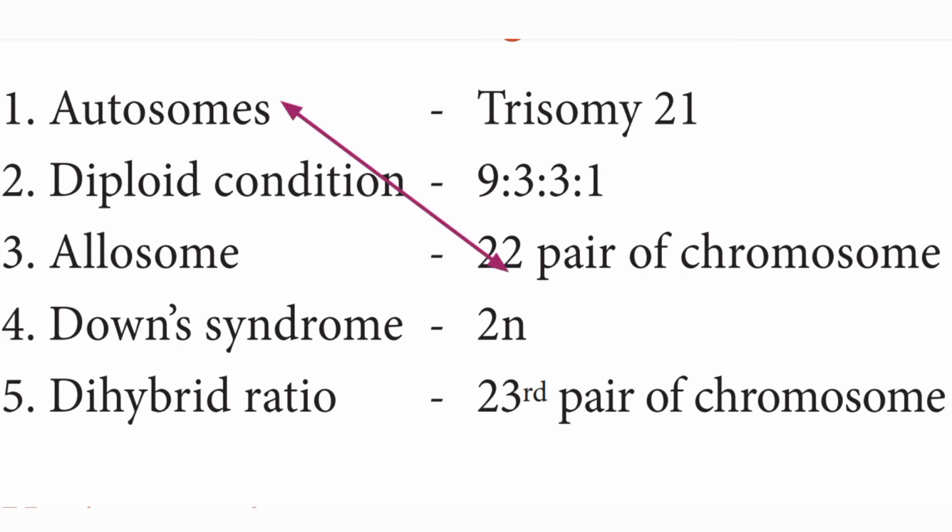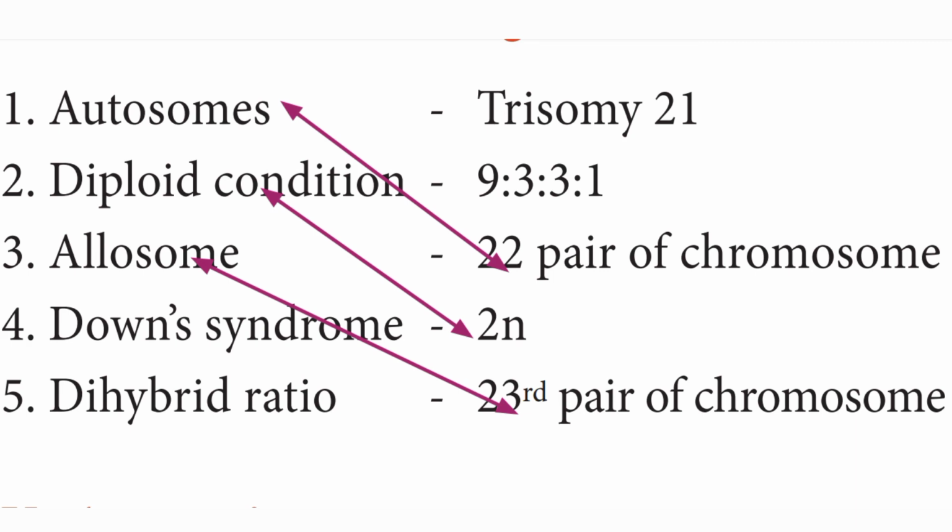Autosomes, 22 pair of chromosomes. Diploid condition, 2n.